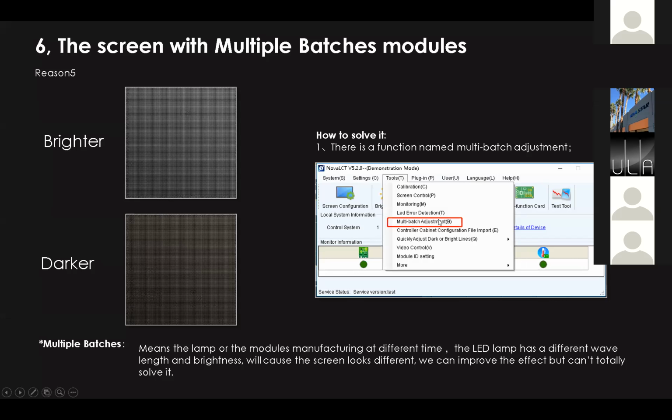And if you do not understand what a multiple batch is, that means the lamps or the modules were manufactured at different times. So the LED lamps have different wavelengths and brightness, which will cause the screen to look different. We can improve the effect, but cannot totally solve it.